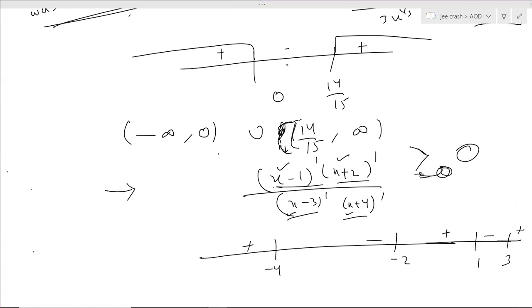But if anyone becomes the power even, 2, 4, 6, suppose x minus 1 to the power 2 is there, then this number line will change. Here plus, minus. At the factor of 1, the power is even, so sign will not change. Minus means minus. Then you will change.